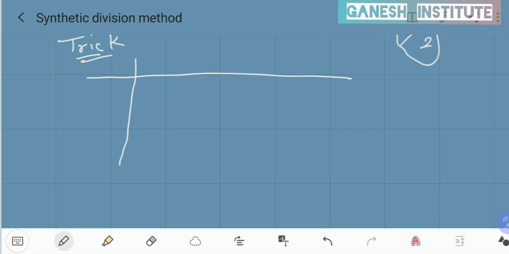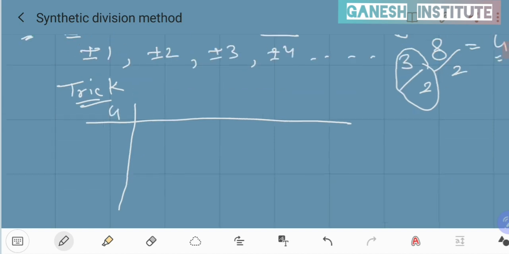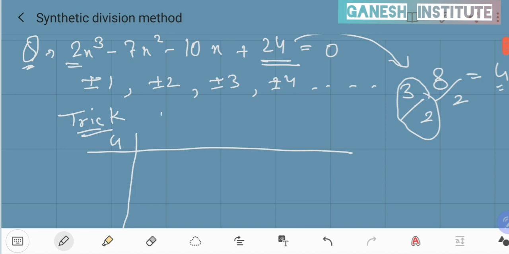So here is 4. Then we will write down the coefficient of x cube here, x square here, x coefficient is minus 10 and the constant is 24.